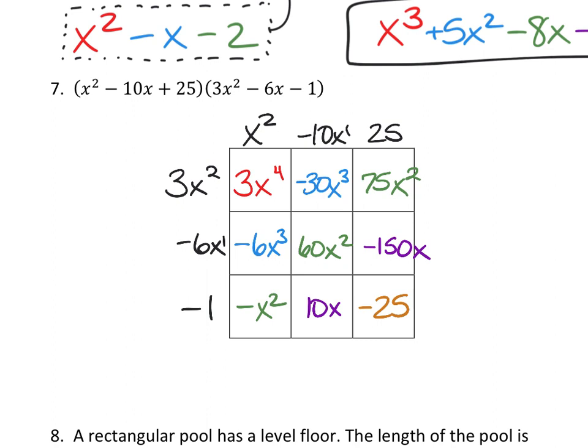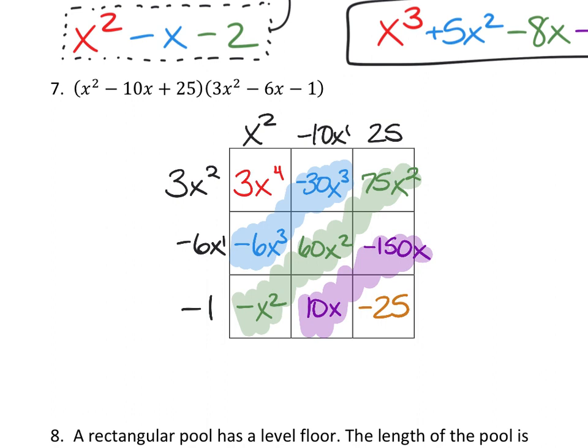But what do you notice about this giant box and its diagonals? Is this diagonal still the same type of term? Is this diagonal still the same type of term? And this one? Oh, snap. Those are the things we have to combine together before we finish. So the diagonals will still help you.